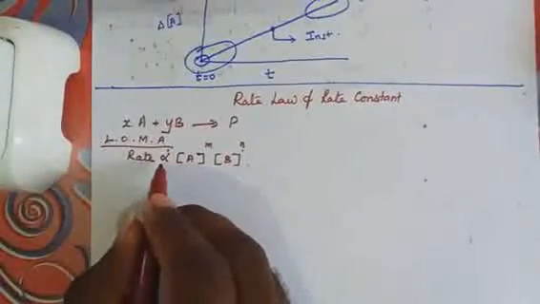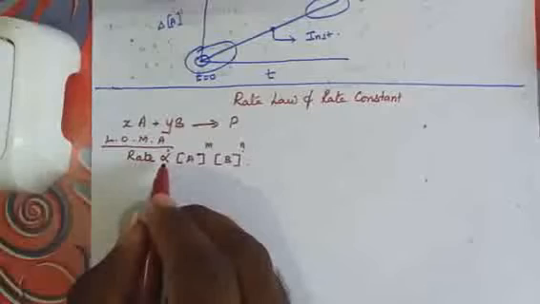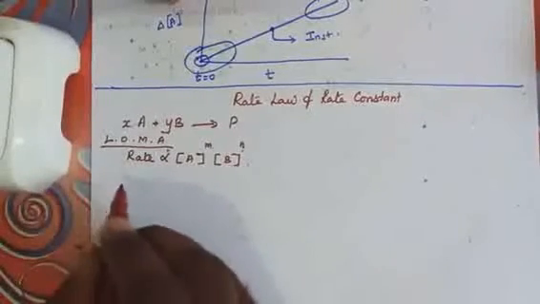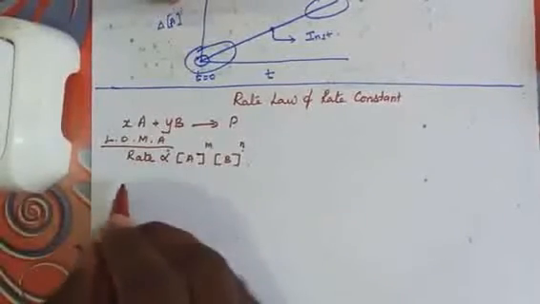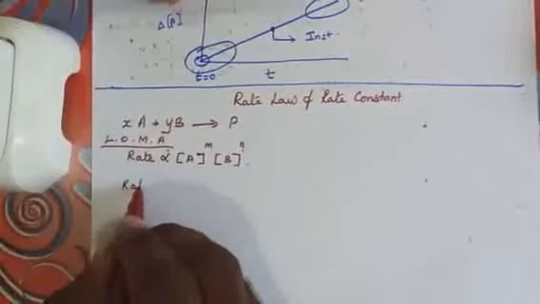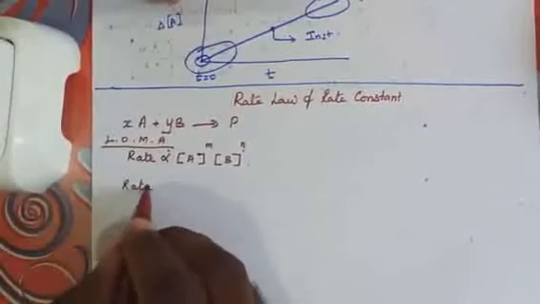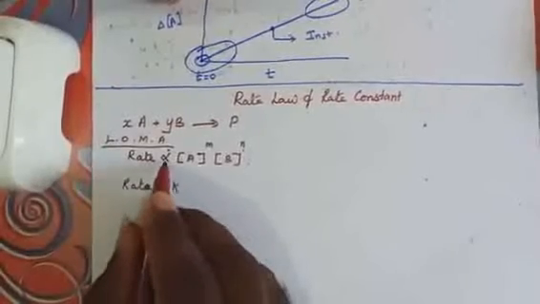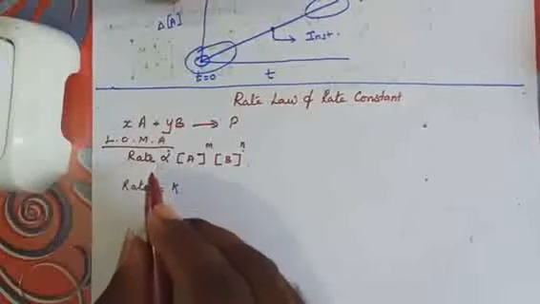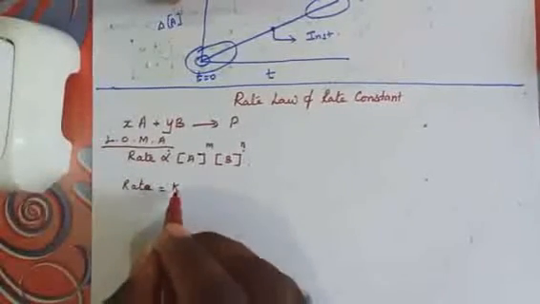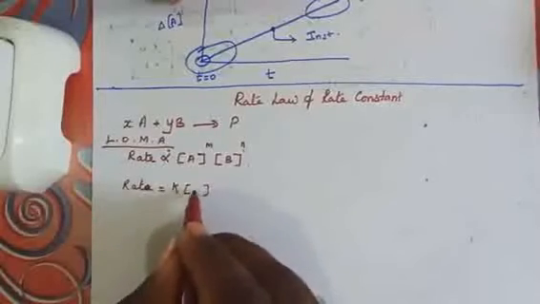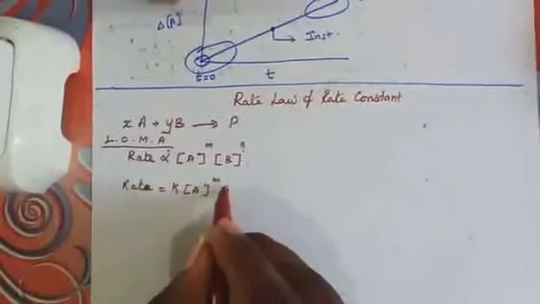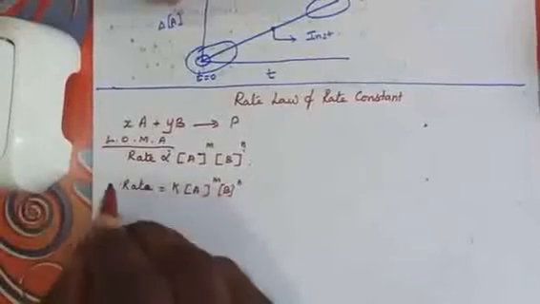Here, when a proportionality sign is present, it can be replaced by a constant, called the rate constant. So the above expression is rewritten as rate is equal to k, the rate constant, times the concentration of reactant A to the power m and the concentration of B to the power n.